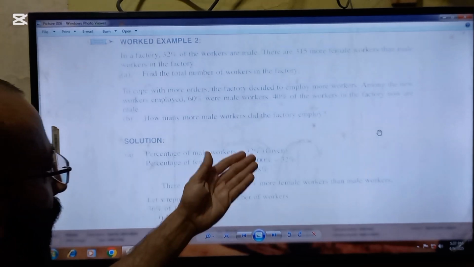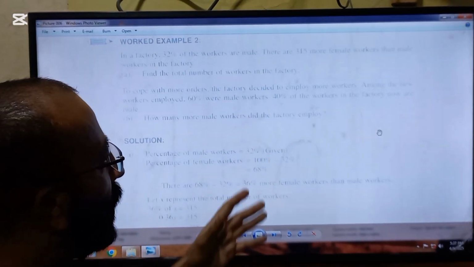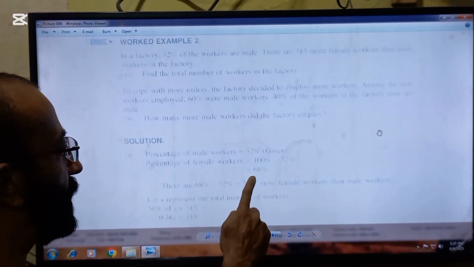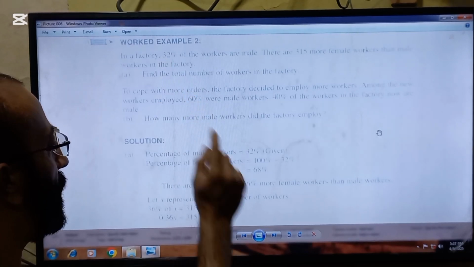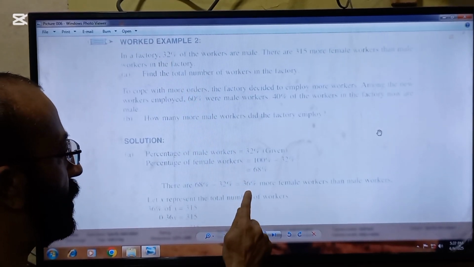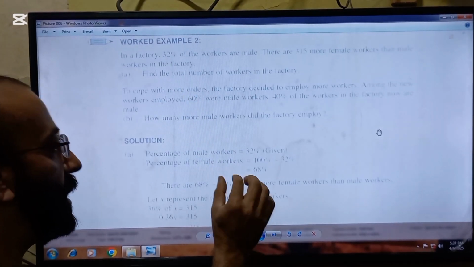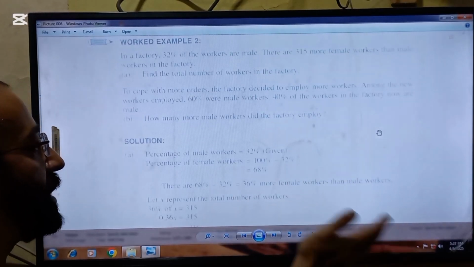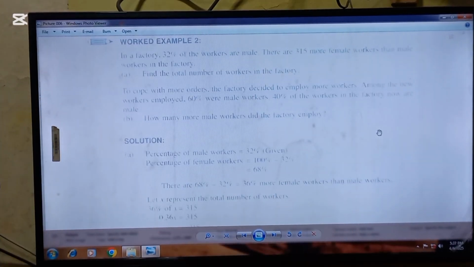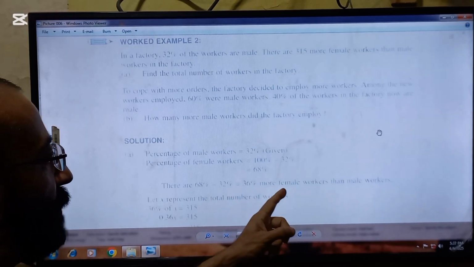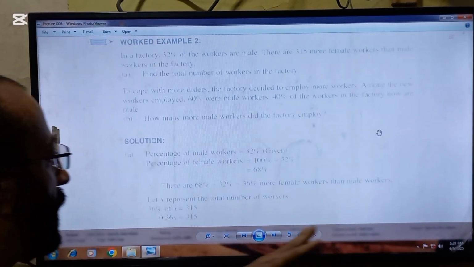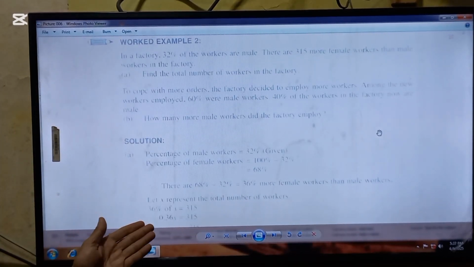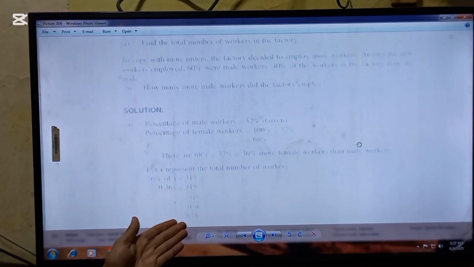And female workers are more than male workers, so we will subtract 32% from 68%. So this is the answer that shows the percentage increase of female workers as compared to male workers. So 36% more female workers than male workers. Now look, let X represent the total number of workers.